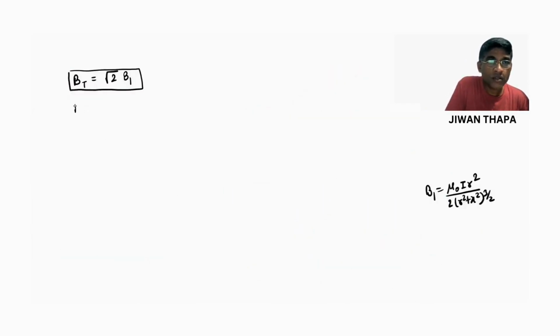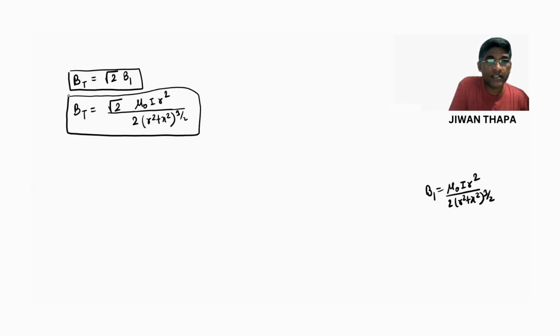So BT equals under root 2 times mu naught I R square by 2 bracket R square plus X square whole power 3 by 2. Let us call it equation 1.